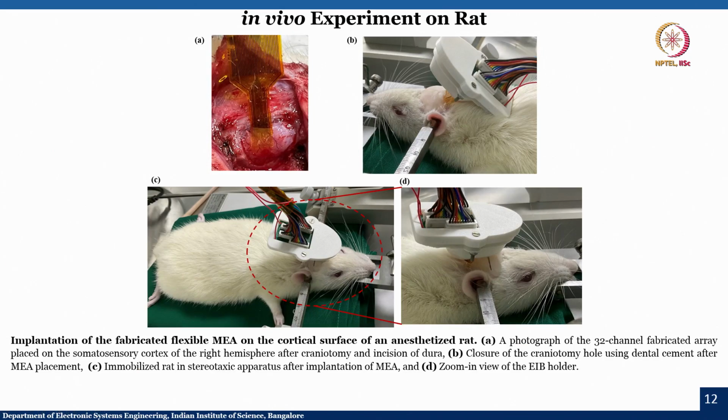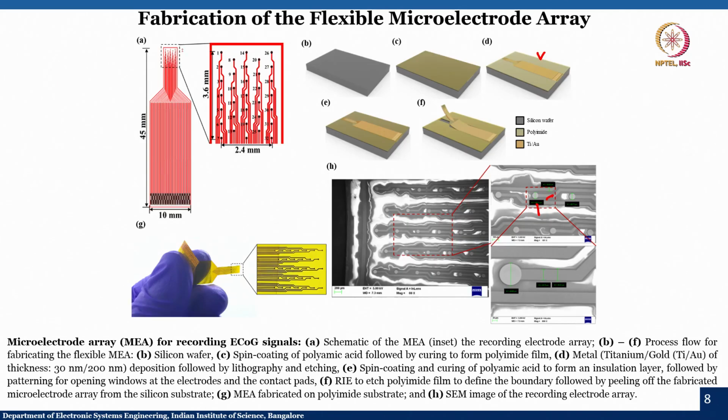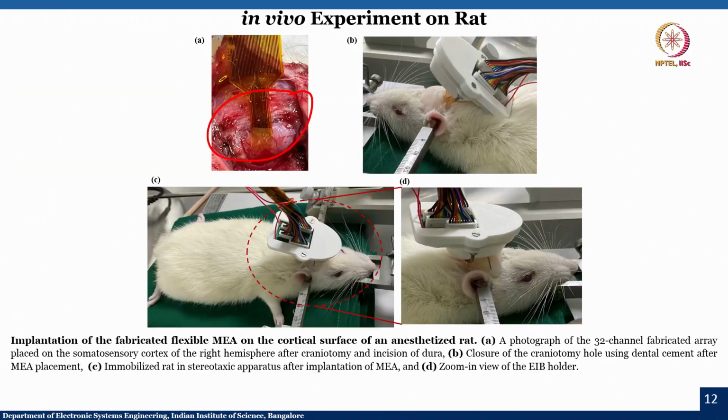Here you can see that the device is implanted on the cortical surface of the anesthetized rat. B is the implantation procedure. A is a photograph of the 32 channel device, fabricated. This 32 channel is nothing but this one, this device. So, we take this device and implant it in the rat's brain, as you can see here.